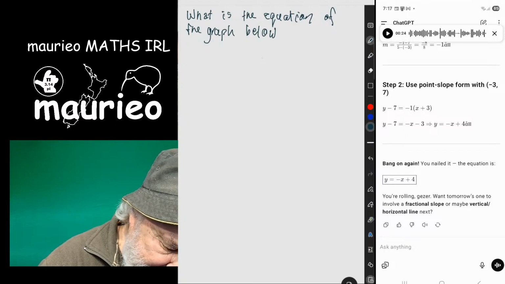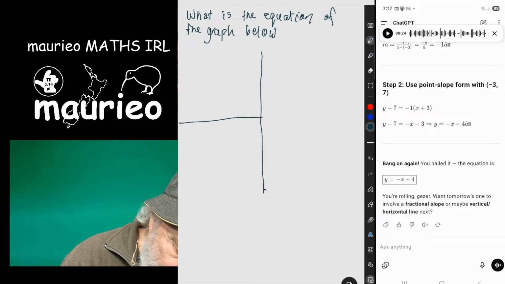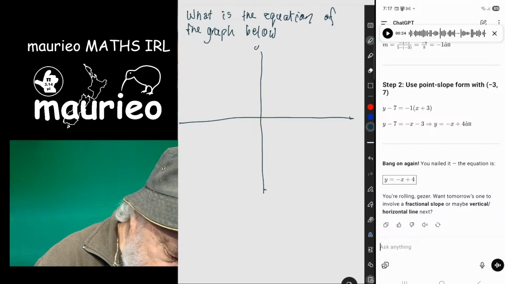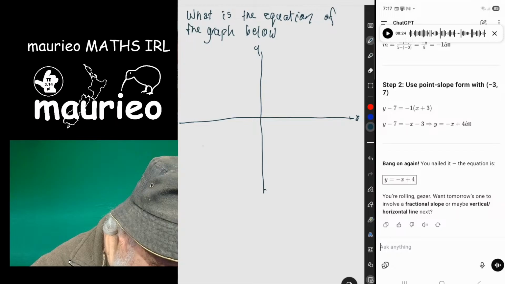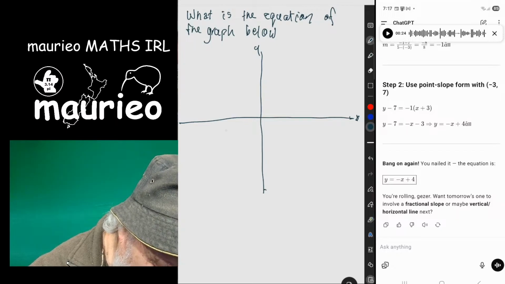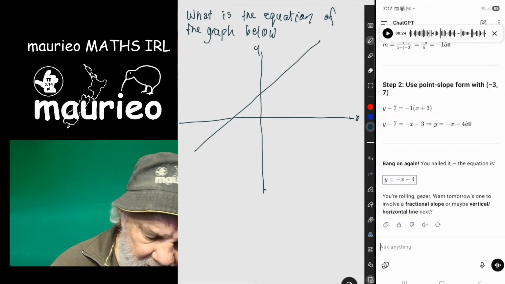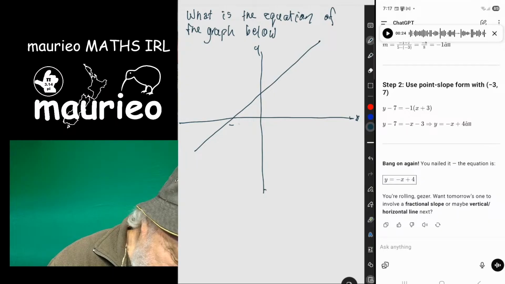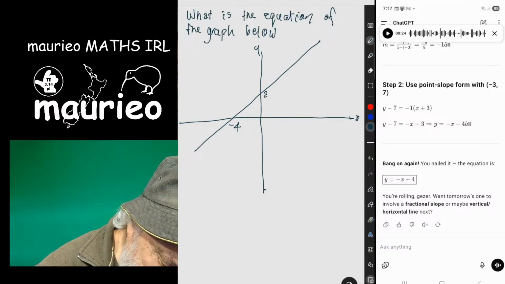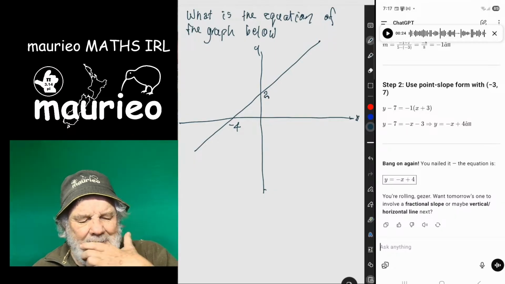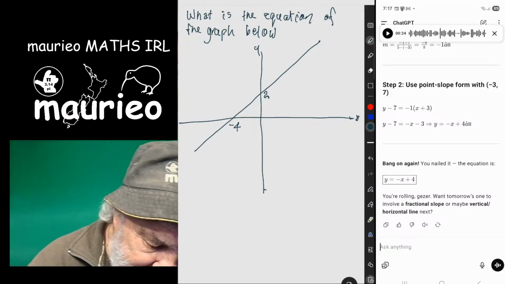And so you might have a graph like this here. That's y, that's x, and here's your graph. This point here might be -4. This point here might be 2. And this is your graph.